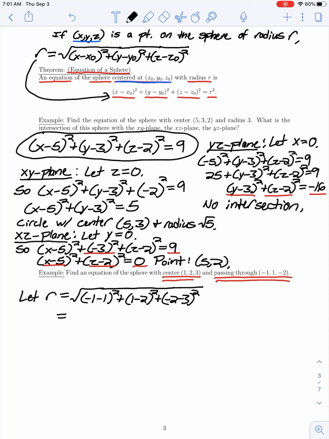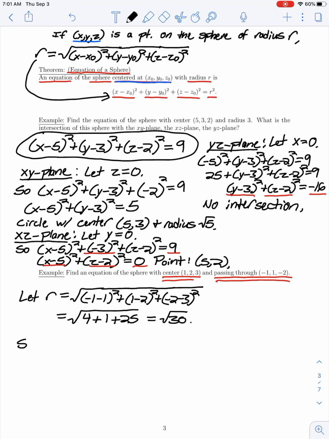So simplifying a little bit, we have the square root of -2 squared is 4, plus -1 squared is 1, plus -5 squared would be 25. So altogether, we would have root 30.